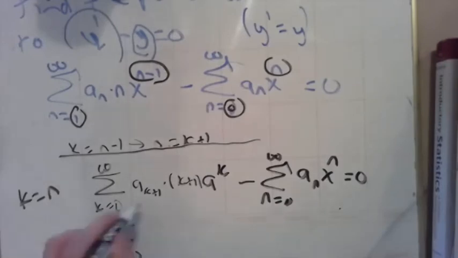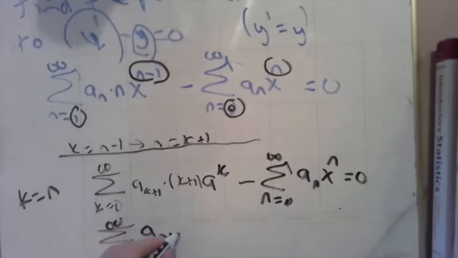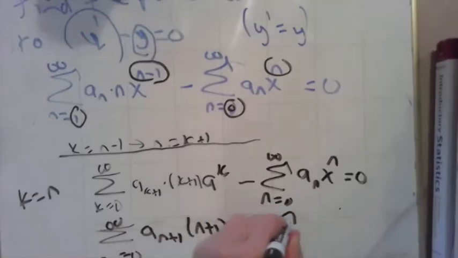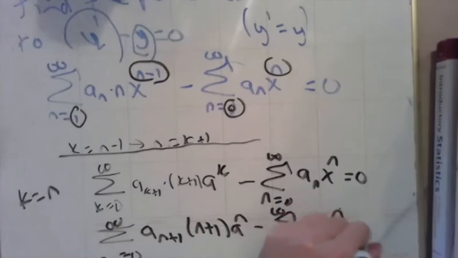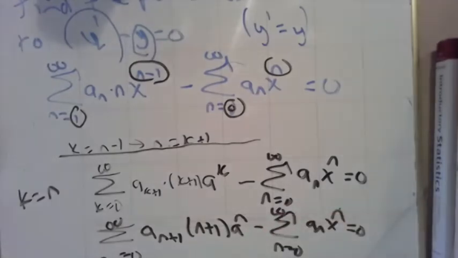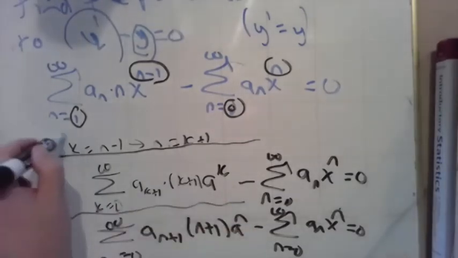So I'm going to, instead of calling these k's, call them n's. And get this equation.